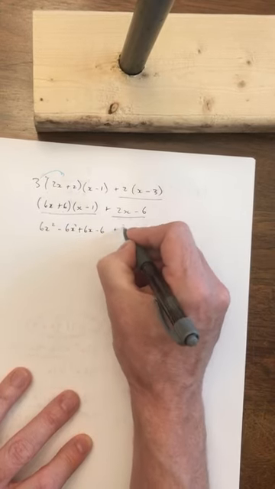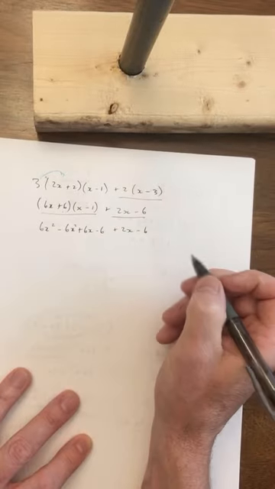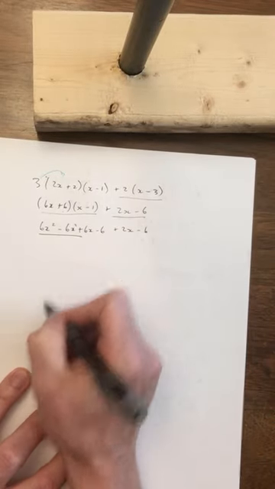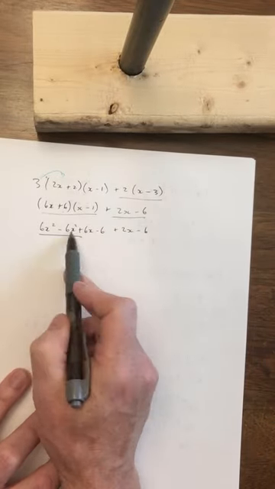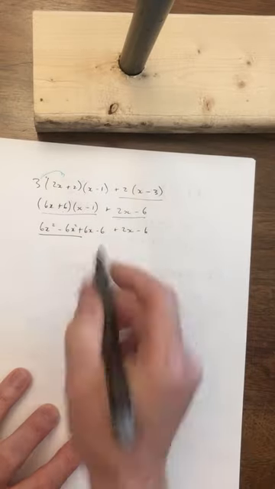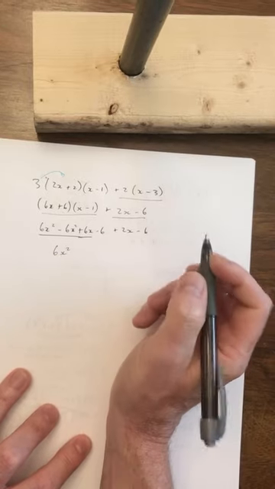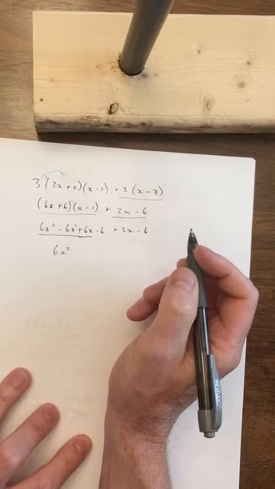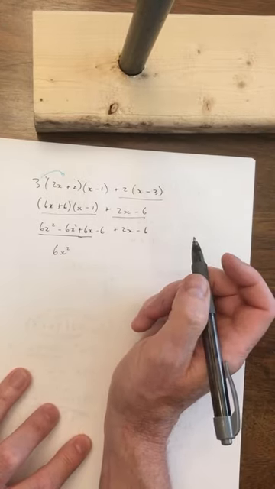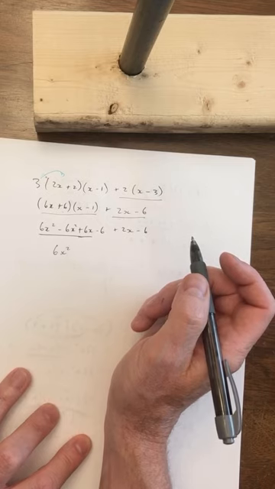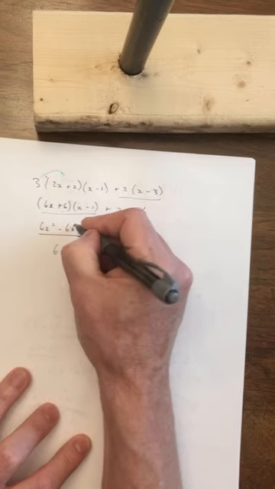And then I'm just going to carry this down. Collect like terms, so those are all x squared. Sorry, that should not be there.